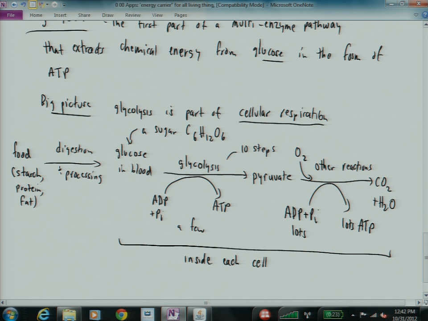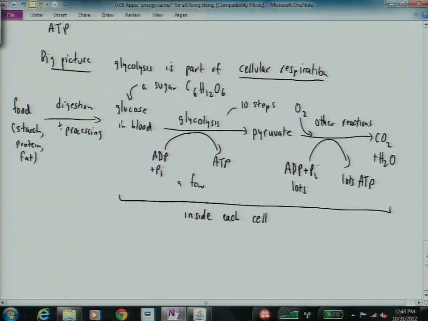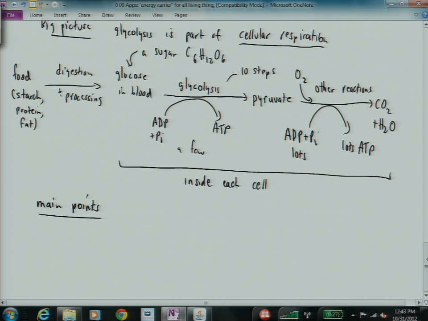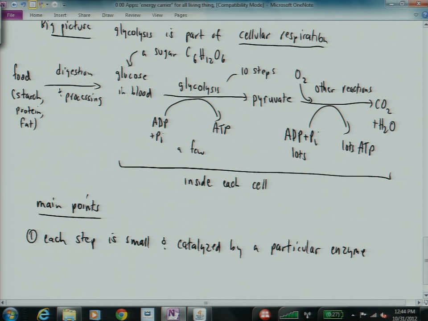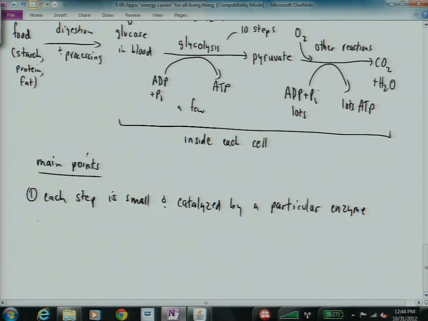So for thinking about how we want to get a little bit into the details on Friday, as a thing to keep in mind when you're taking the quiz and getting ready for lecture, is that each step is small and catalyzed by a particular enzyme. So when you look in the book, it's 10 steps, 10 enzymes, right? And then there's all sorts of other things that have other steps. There are hundreds, so you can get an appreciation for just how many different enzymes a cell needs.